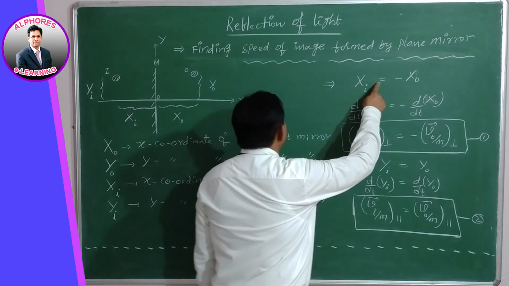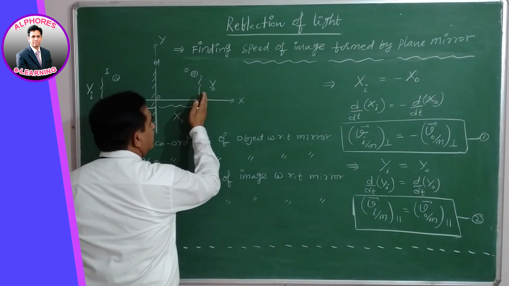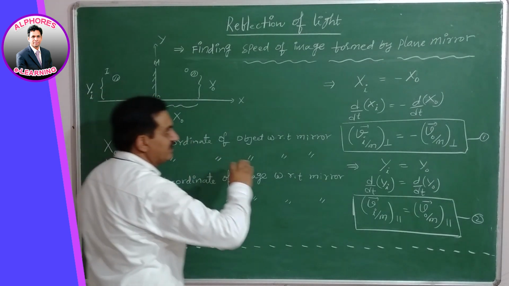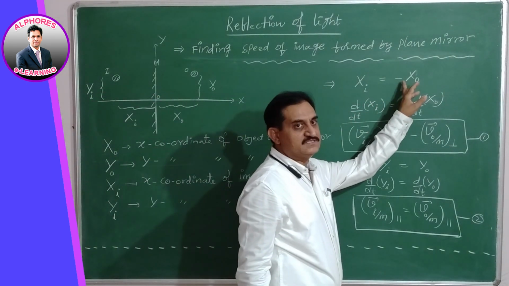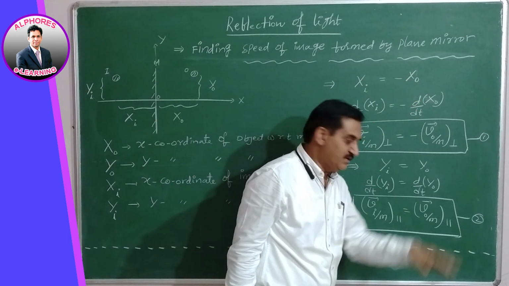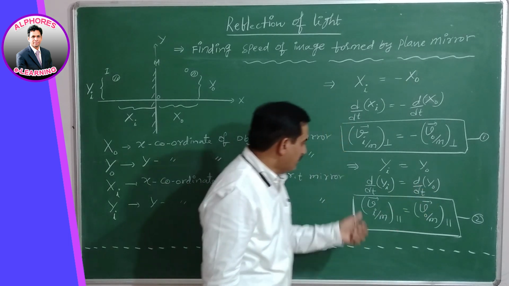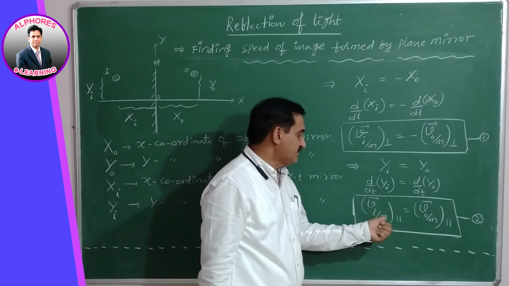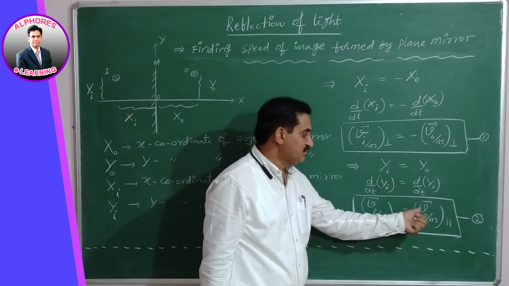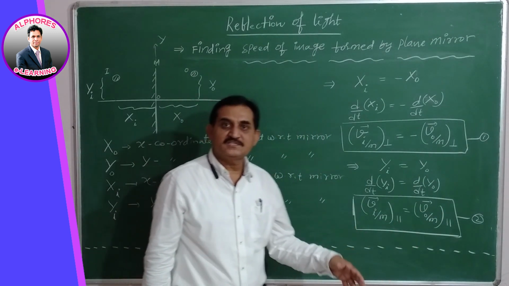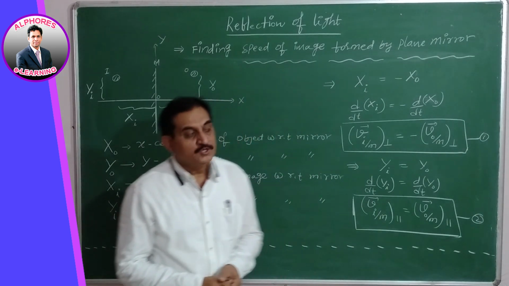But the object is kept on one side, the positive x-axis, and the corresponding image is formed on the other side, the negative x-axis. Therefore, one is positive and the other is negative. Here both are positive. Differentiating them, we get that the speed of image with respect to mirror is equal to the speed of object with respect to mirror. This is in the direction parallel to the plane of the mirror.